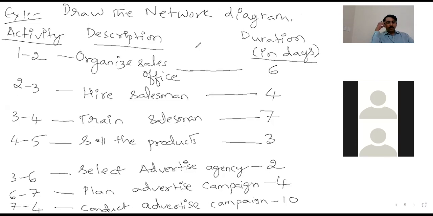Now, considering all these activities, we have to develop a network diagram. Just make note of this. So possibly we have made two changes. Just accommodate those two changes and write the list of activities.